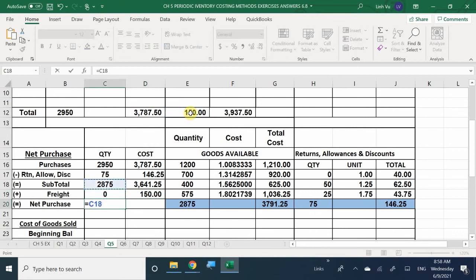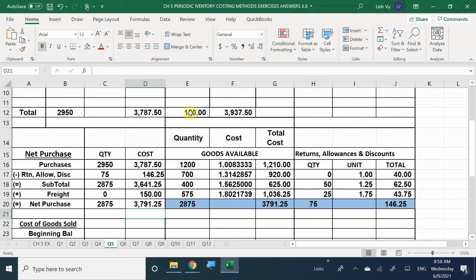So here, we're going to add these values up to get our total net purchases to be $37.91.25, which matches our goods available. But that's because we don't have beginning inventory.